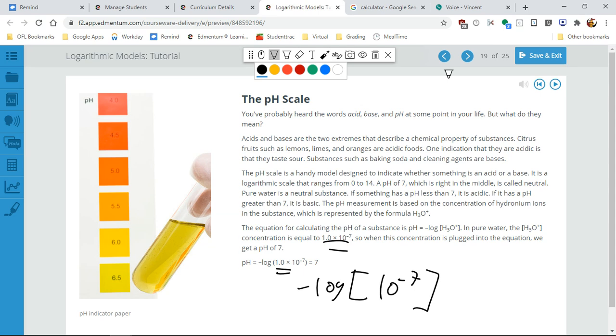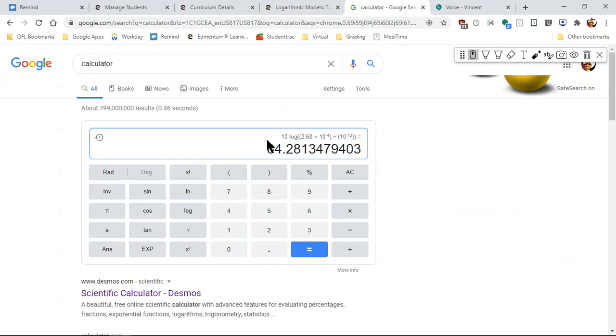It doesn't really help us that much, but you can plug it into the calculator and it'll end up being the same thing, and I'll show you right now. Let's say I have negative log of 10 exponent -7. And remember, when there's an exponent here, it goes to the front. So it's -7. So that's how we get this +7.